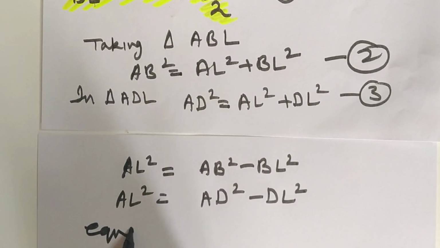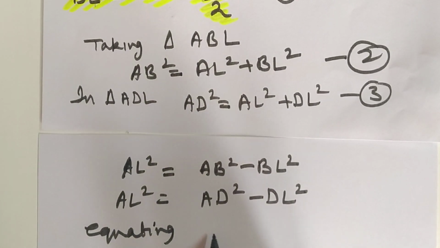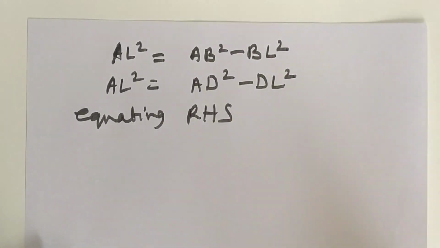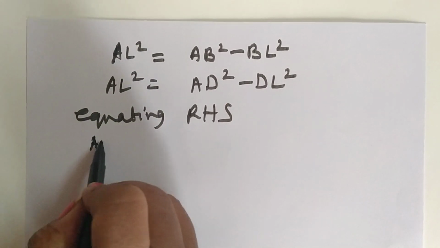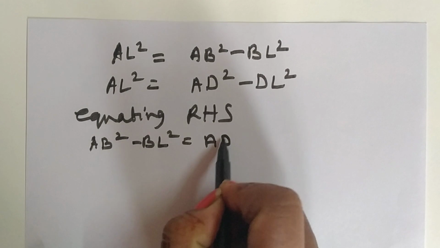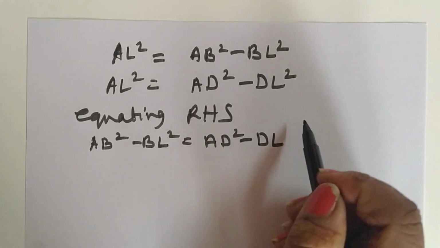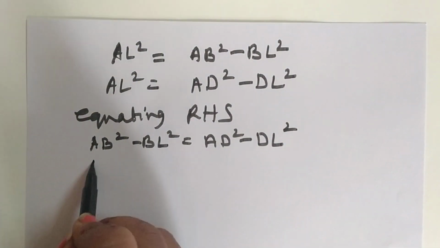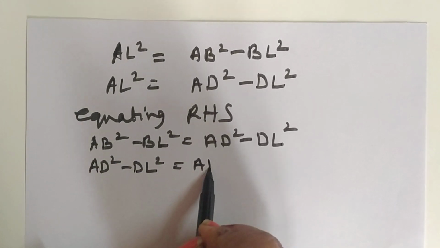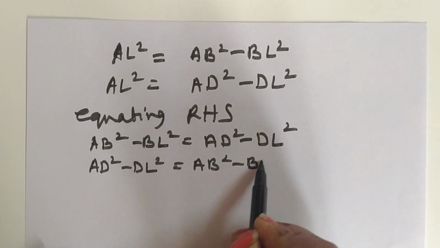Equating RHS, we have got AB square minus BL square is equal to AD square minus DL square, or we can write AD square minus DL square is equal to AB square minus BL square.